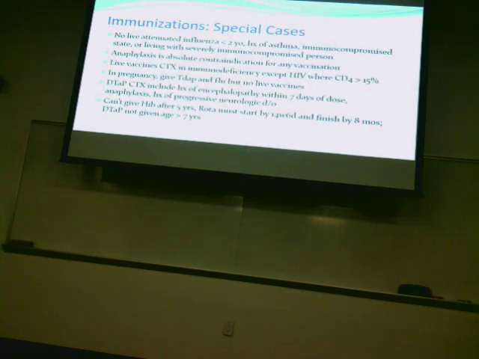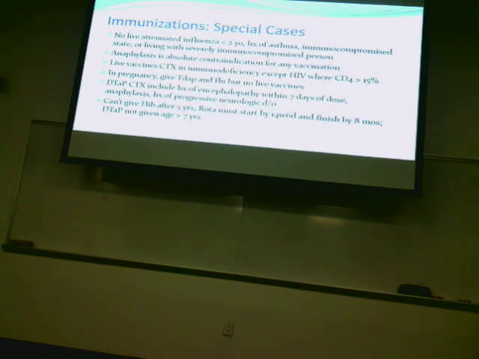In pregnancy, you can give the Tdap and the flu, but no live vaccines. And the DTaP has another contraindication: history of encephalopathy within 7 days of getting it. Same thing, again, if there's anaphylaxis or any history of progressive neurological disorder.